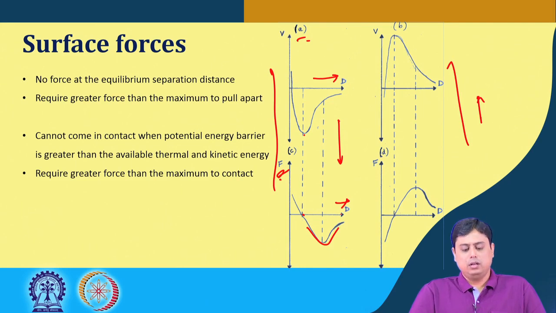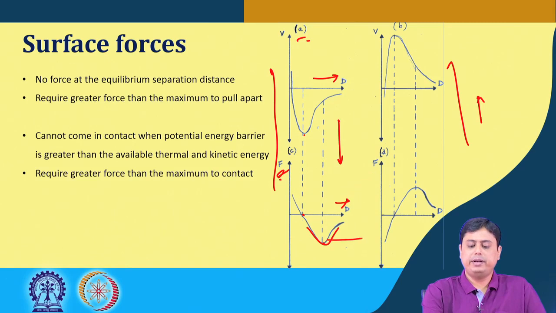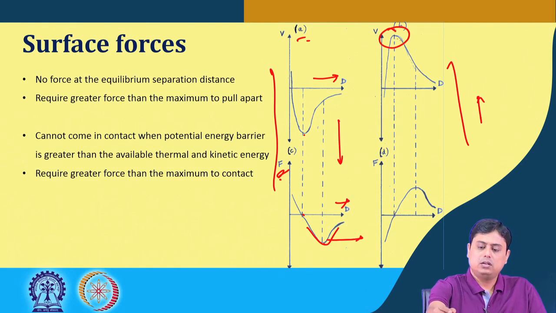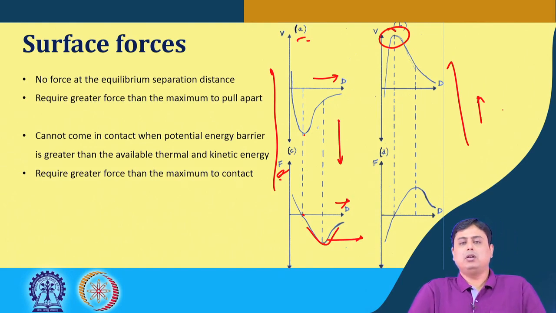We require a force higher than this to separate them to a greater distance. Now, in the case where the interaction is repulsive, they cannot come in contact because of this potential energy barrier, which is greater than the available thermal or kinetic energy of the surroundings.